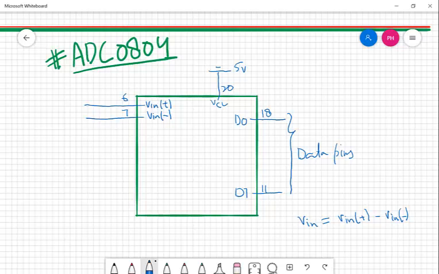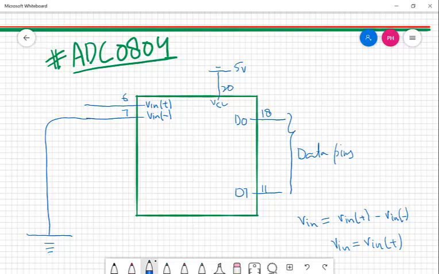Often the V in negative pin is connected to ground. That leaves us the input voltage V in will always be equal to V in positive.